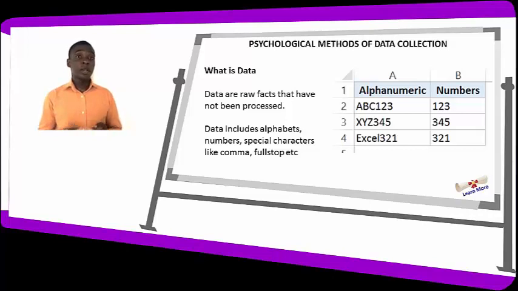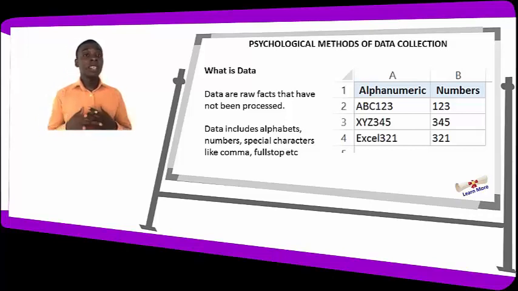Data includes alphabets, numbers, special characters, your comma, your full stop, your question mark, etc. When you gather these together, they are all called data. It's just that we have some kinds of data, such as numeric data, alphanumeric data, and so on.